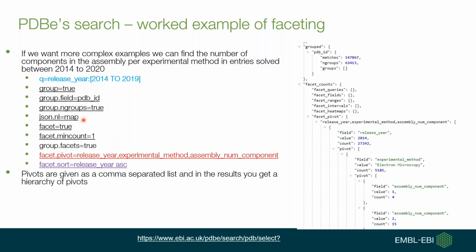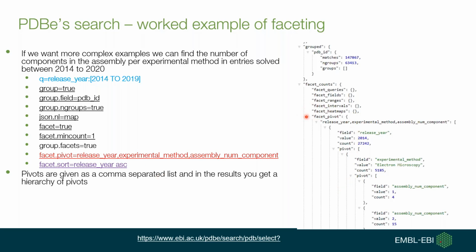So again, we're grouping these things together, we're putting into facets, and we're pivoting, but we're pivoting this time on a comma separated list. So we have three fields that we are pivoting on: release year, experimental method, and assembly number components. And we're just going to sort these things by release year as well to allow us to see them, although probably not necessary if you're handling this computationally.